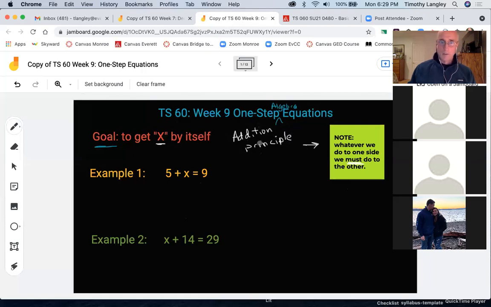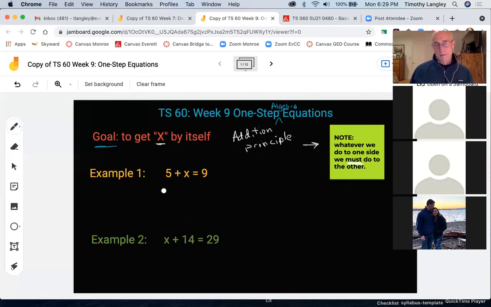Whatever we add to one side, if we're trying to get X by itself, when we see that we're adding or subtracting, you see how this side of the equation has 5 plus X. Because it's adding or subtraction, we're going to add the same thing to both sides to get rid of this, or subtract the same thing from both sides.